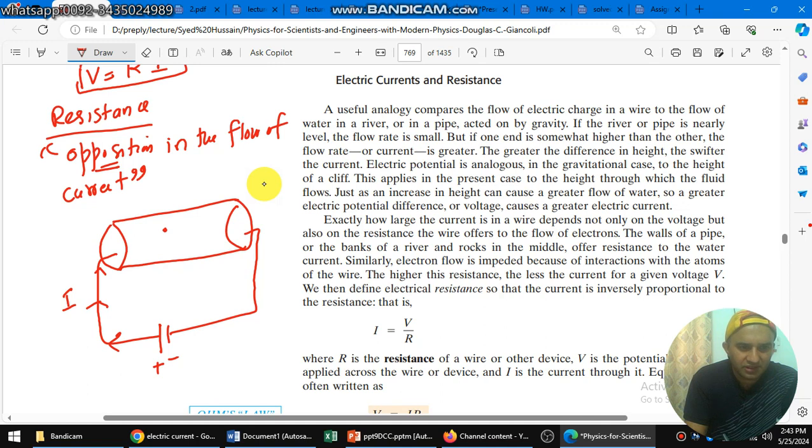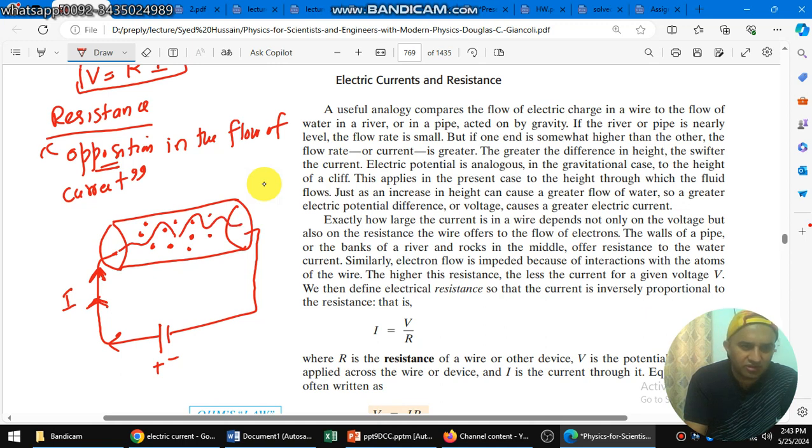We know that there are atoms in this wire, so the current does not move very smoothly, because there is opposition offered by these atoms, the lattice atoms in the wire.